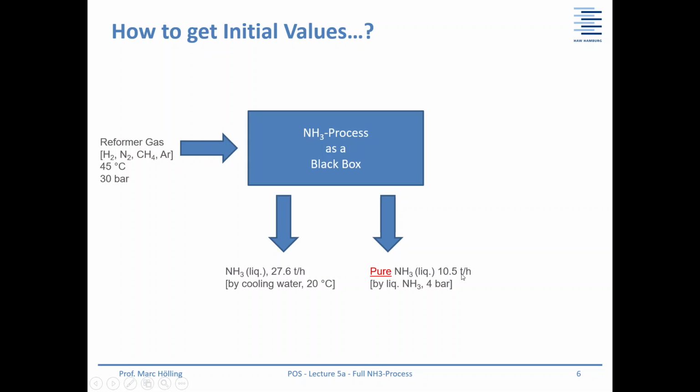This is 10.5 tons per hour, and we also have the purge. And for the purge, we have a mole flow of 222.3 kilomoles per hour. Okay, this is what we know, and we can use this somehow to do a little balance for our methane.